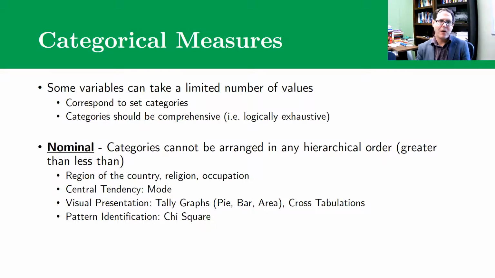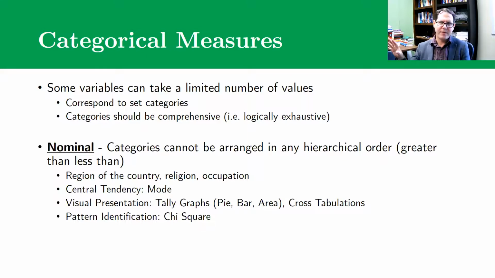Nominal variables are categories that don't have an internally logical order for their arrangement. I suppose you could alphabetize them, or if you had a 1, 2, 3, 4 coding scheme, you could sort them in order, but that order is arbitrary. That order doesn't have a deep mathematical meaning. It doesn't have a logical meaning. So these are things like region of the country.